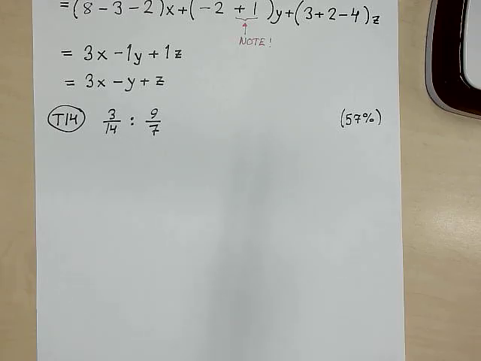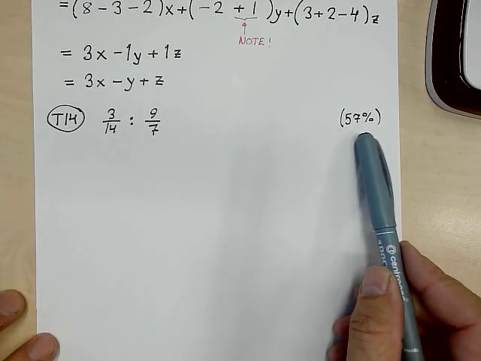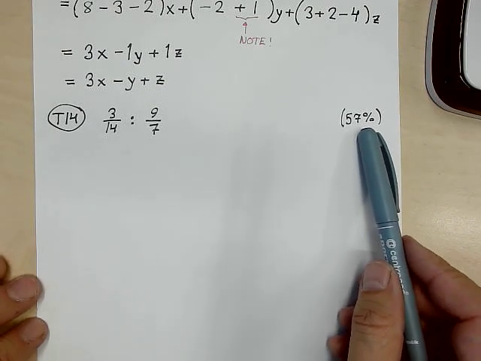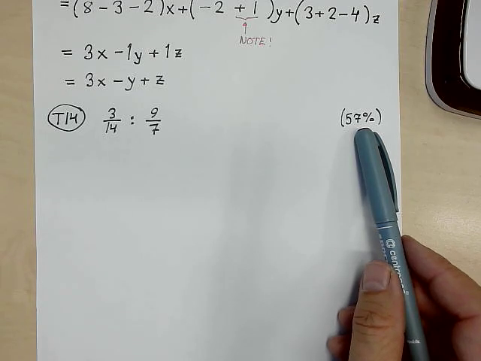There was a possibility to cancel something out from that answer, and I think that's why this percentage is quite low. So many didn't remember to simplify that answer to the end.